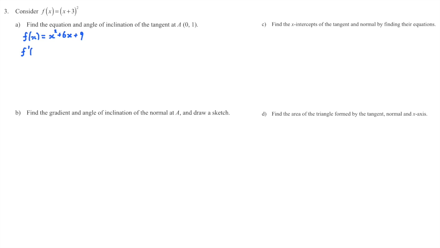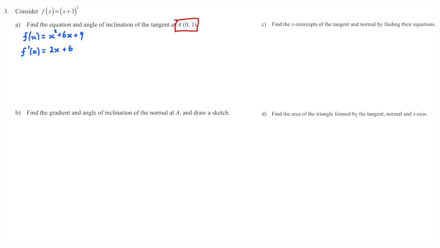which means the derivative equals x squared, the power is 2, so 2 goes out the front, the new power is 1, so it's 2x, plus 6x to the 1 times is 6, 6x to the nothing. That's the derivative there, because the plus 9, when you differentiate a number, it just disappears. So that's the derivative. Now, I'm actually interested at the point 0, 1.